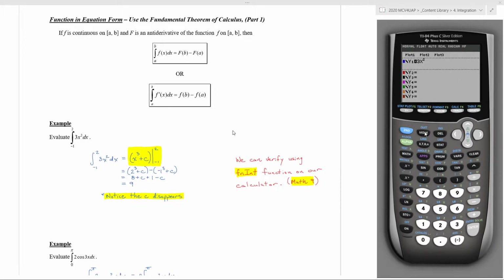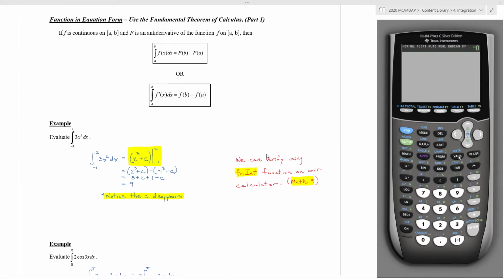Then I exit that screen. And the function we're going to use is math 9. So hopefully you have a calculator that shows the integral notation when you hit math 9. Just type in everything you see there as is in the boxes. So the lower limit is -1. The upper limit is 2. Now, what's our integrand?